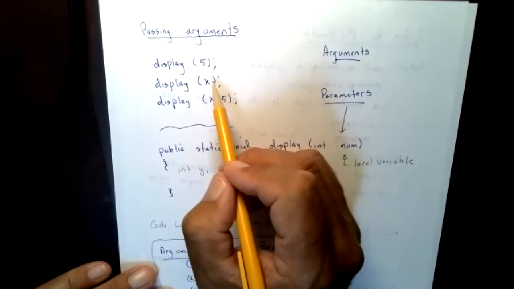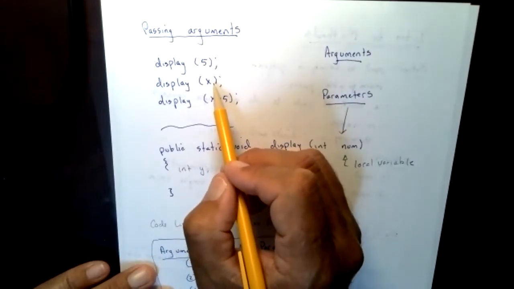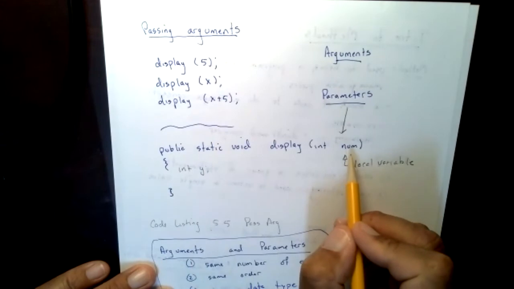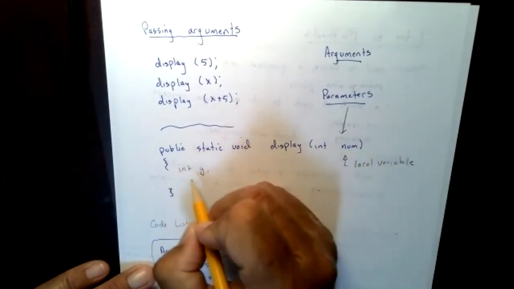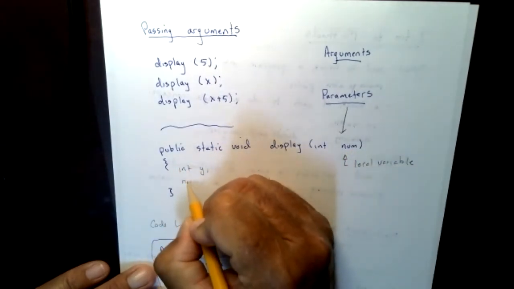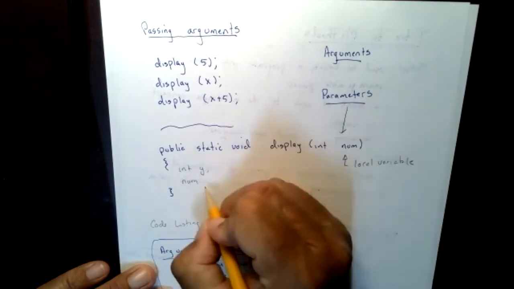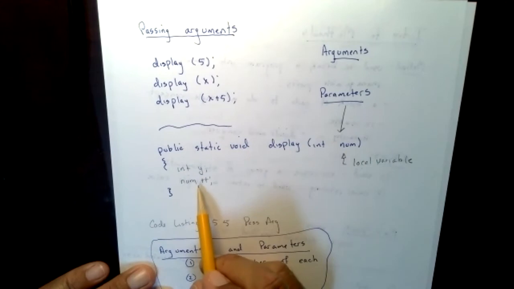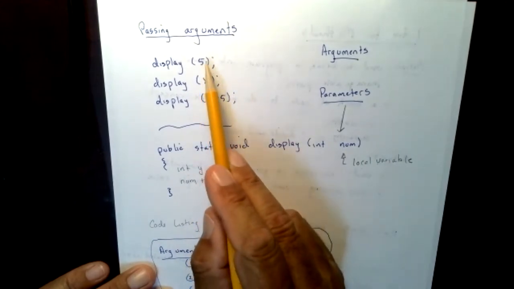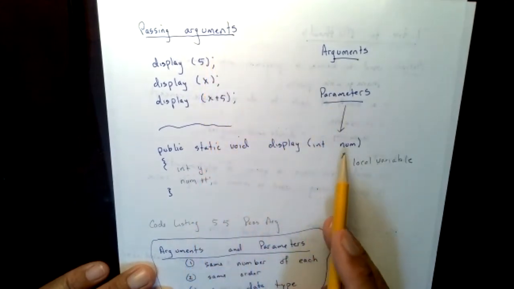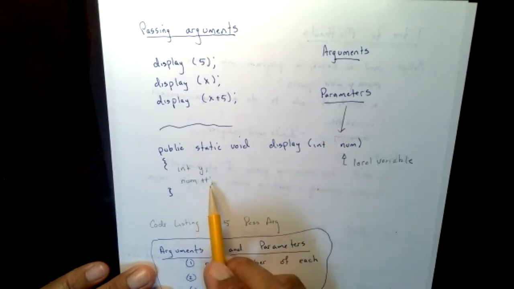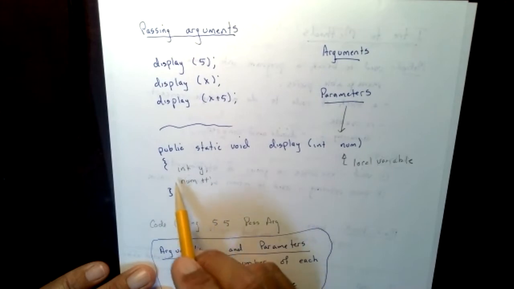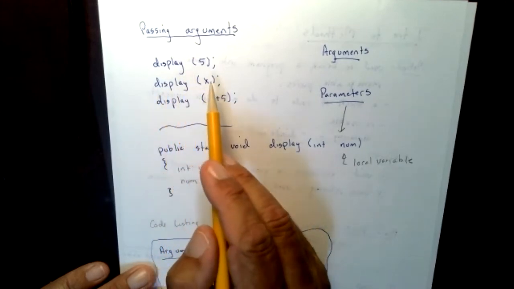I only had a single argument in our earlier example. So x goes and gets stored in num1. And what if down here I now said num plus plus. So what's the value now of num? Well, 5 was the argument. It came down to the parameter list and stored 5 in num. Now num becomes 6.